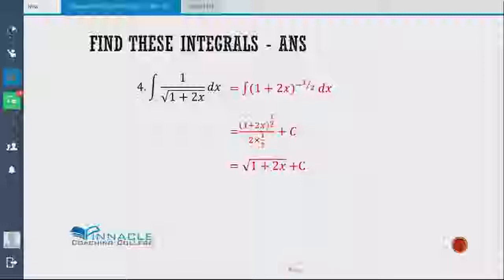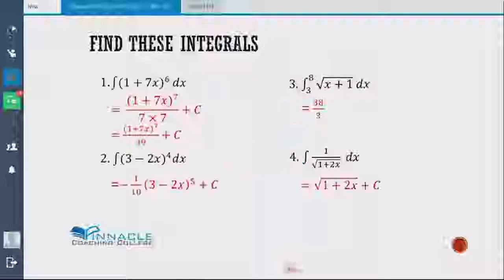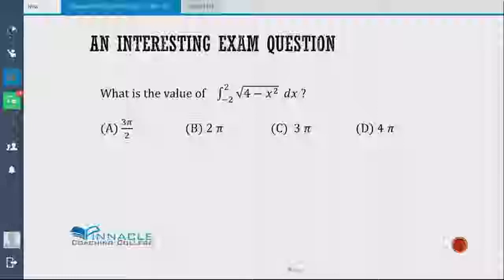All right, so now we've reviewed the basic stuff. Let's have a look at some interesting exam questions. All right, so this one is an exam question I sort of picked up from one of the assessments. Let's see what you guys think is the correct answer.